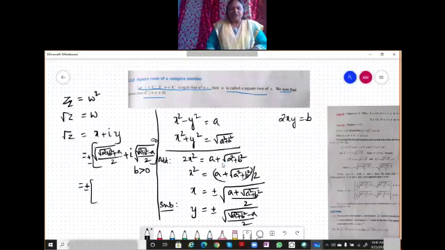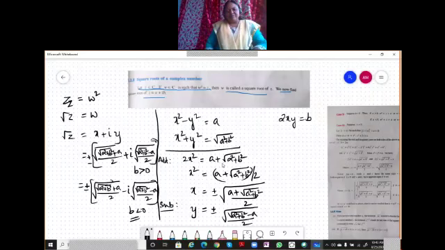So here, if b is less than 0, we get square root of (root a square plus b square plus a) by 2 as the real part. Real part and imaginary part are of opposite sign, so the imaginary part is square root of (root a square plus b square minus a) by 2 if b is less than 0.